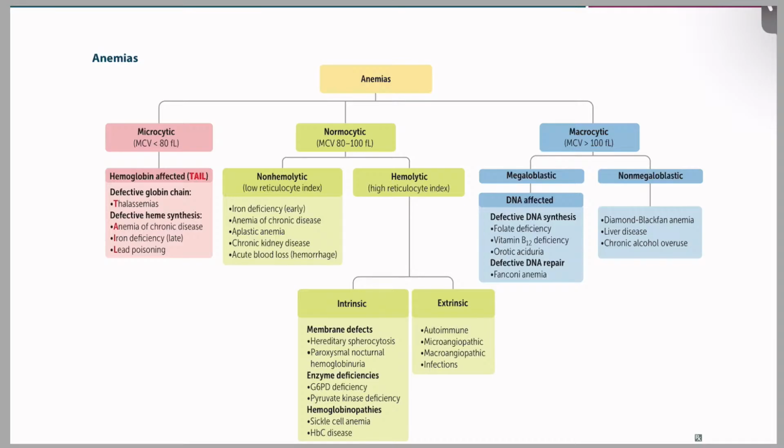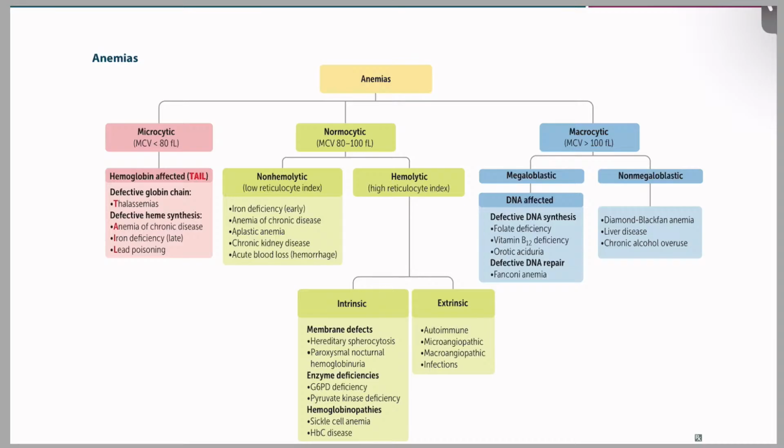Intrinsic: membrane defects, hereditary spherocytosis, paroxysmal nocturnal hemoglobinuria; enzyme deficiency, G6PD deficiency, pyruvate kinase deficiency; hemoglobinopathies, sickle cell anemia, HbC disease. Extrinsic: autoimmune, microangiopathic, macroangiopathic, infections.